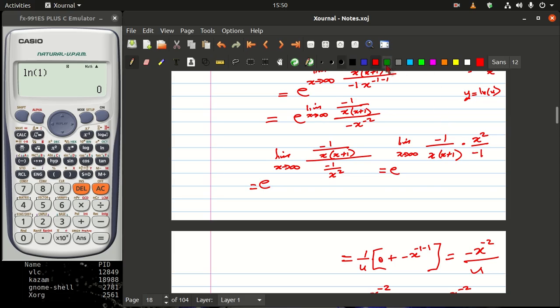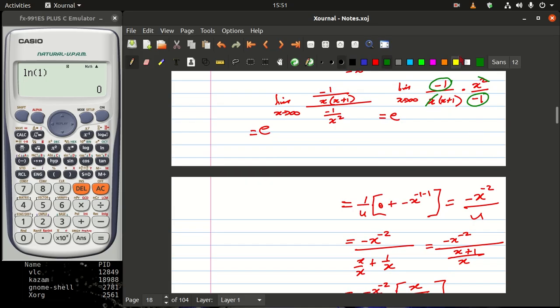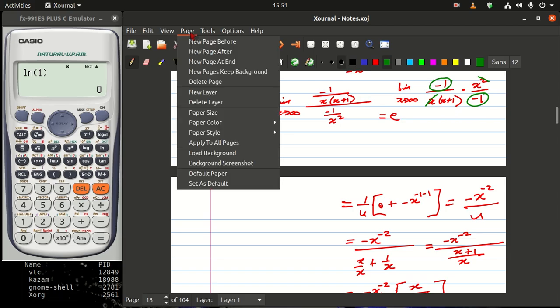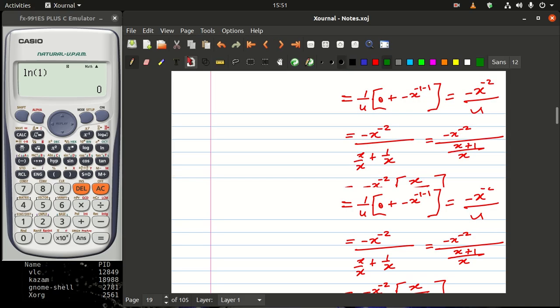You can see now that we're actually having a minus 1 and a minus 1, so they cancel out and we'll be left with this. And also here we have an x. One x is cancelling out with one of these x's. I will be left with that x there. So what I'm going to do here, instead I will just add a new page after.